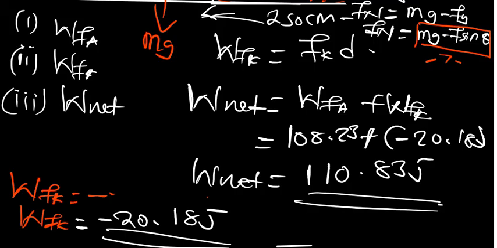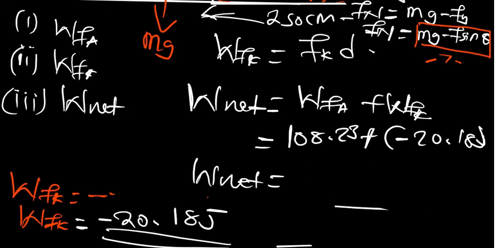This one is 108 and that is 20. It can't be 110. It's supposed to be below 108. We are saying 108.23 minus 20.18. 88, right? Joules. That is going to be my work net.